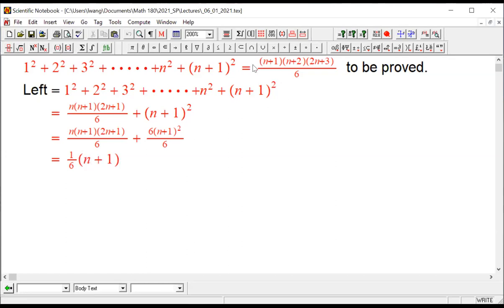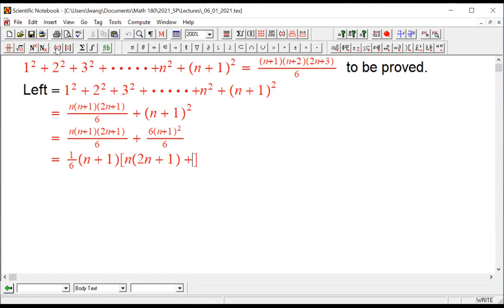Because you know where to go, right? We know where to go. So what you do is factor out these n plus 1 over 6. So what do you have left? The denominator is also factored out. So you have n times n plus 1, 2n plus 1.